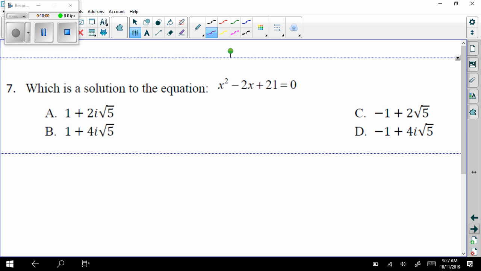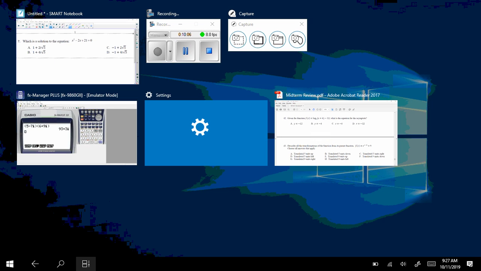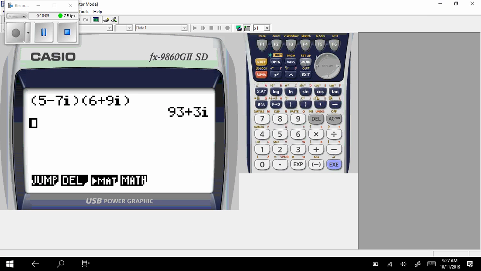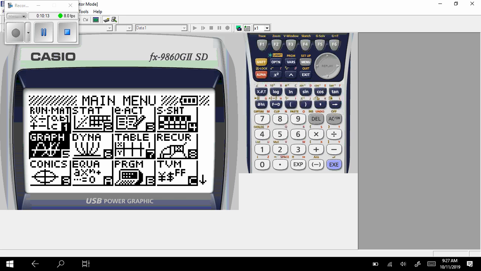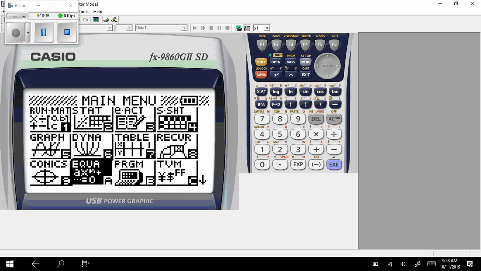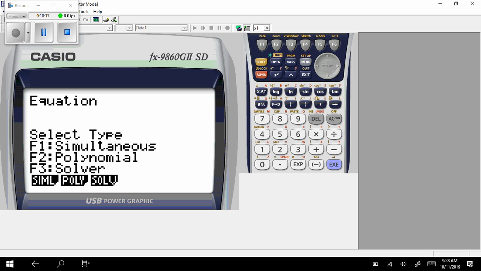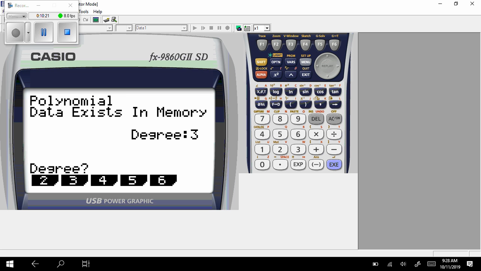Write the solutions to the equation, or which is a solution to the equation. Your calculator can do these too. All you have to do is go into polynomial solver, F2.